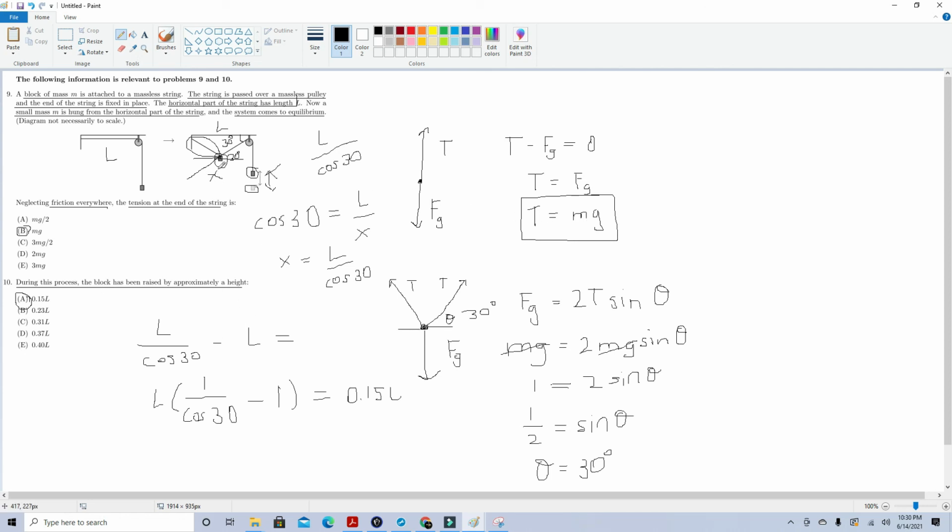So whenever dealing with these kinds of tension and force problems, always remember to draw free body diagrams. And if you're ever in doubt on what to do, just set up some equations, because both of these should be enough to solve most such force problems.